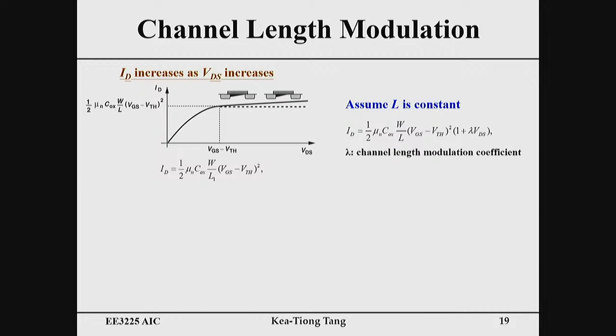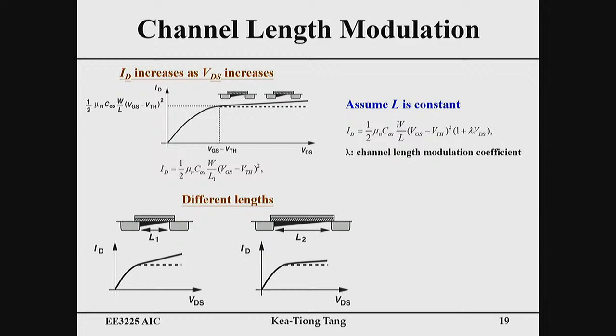This is called the channel length modulation coefficient, and this effect is called channel length modulation. I think the name is very straightforward, because the effect is due to the channel length not being a constant; it is modulated. The channel length actually shrinks to here.